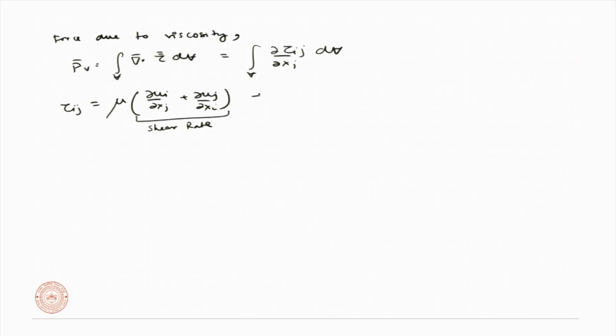We have one more term, the 2 by 3 term, that comes from the volumetric component: mu times del uk by del xk times delta ij. Okay. So, del tau ij by del xj will therefore be equal to mu times del square ui by del xj del xj.